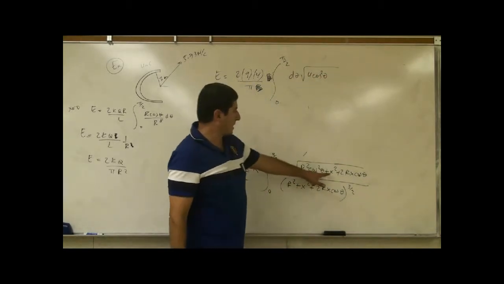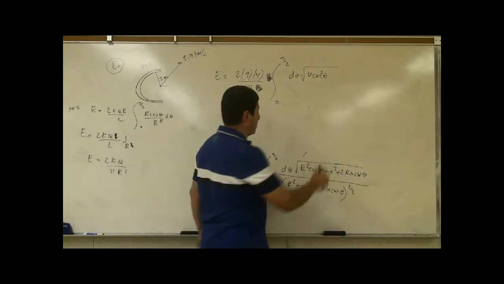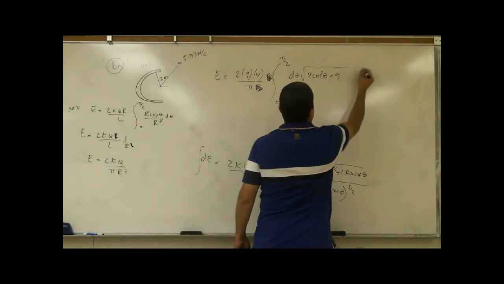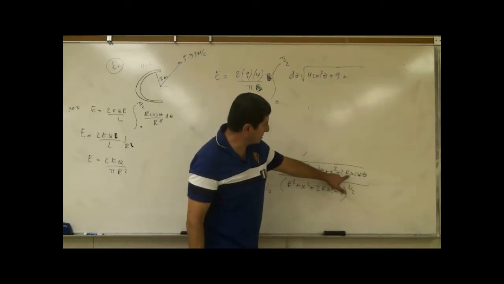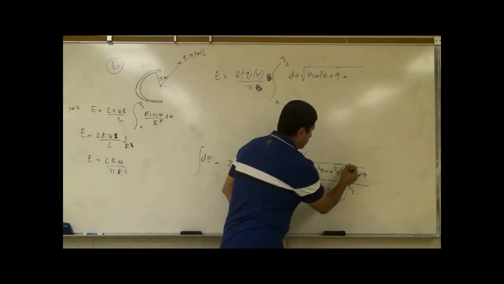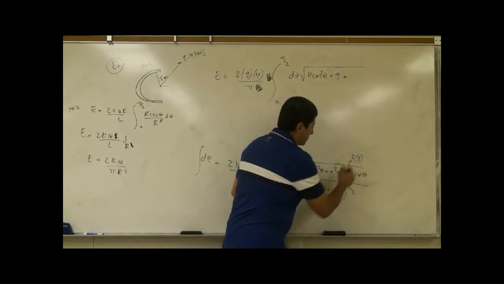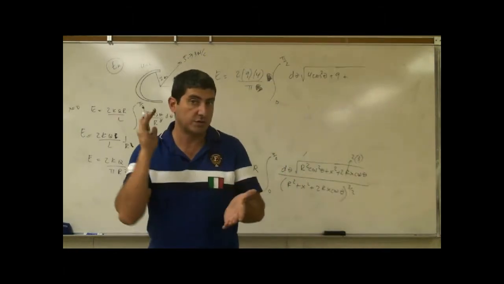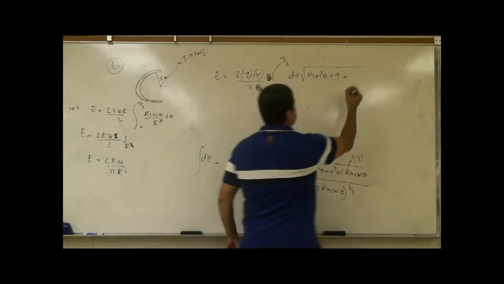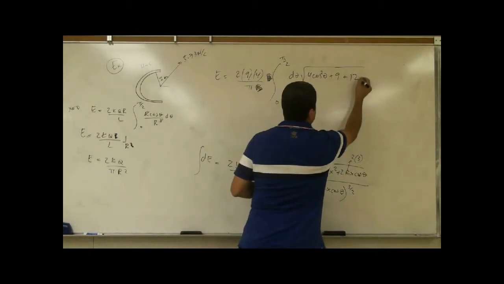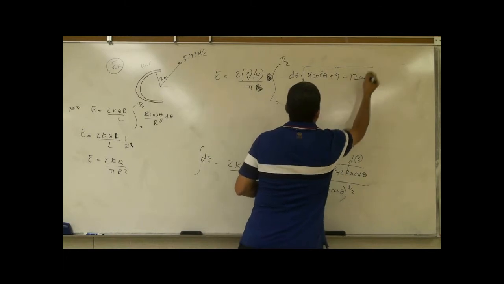Right? X is 3 meters. So that's 9. The radius was 2, x is 3. So we're going to have 6 times 2, 12. Okay, 12 cosine theta.